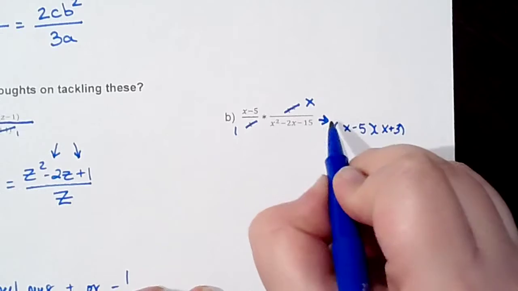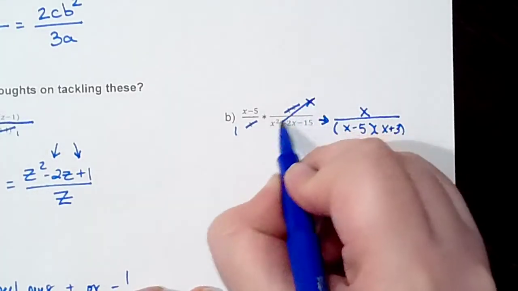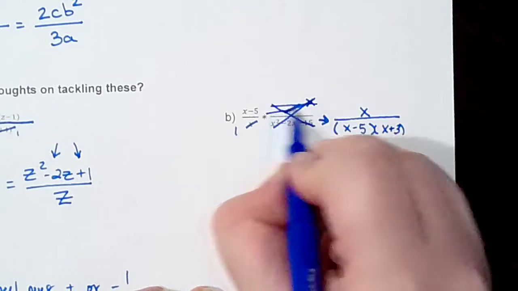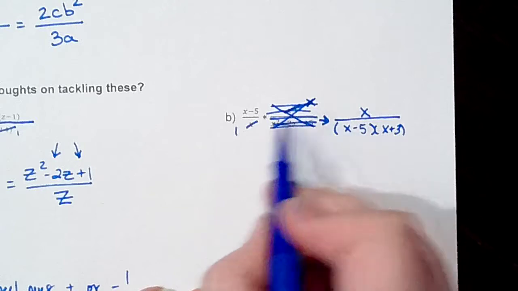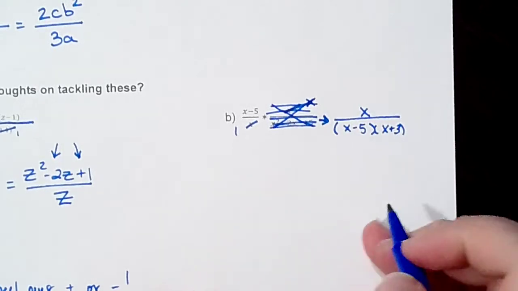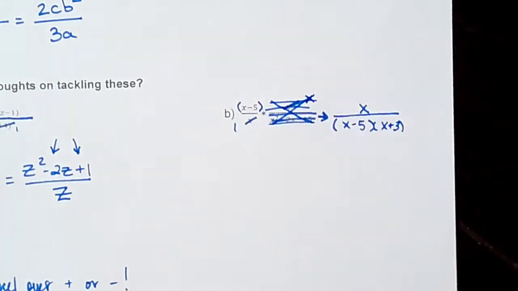All right, so now that I've broken this up, I'm going to rewrite this so that I don't have so many fractions to look at. I'm actually just going to cross this whole thing out. I've got x minus 5 times x over 1 times x minus 5 plus 3. Conveniently enough, I see something that is the exact same on the top and bottom.